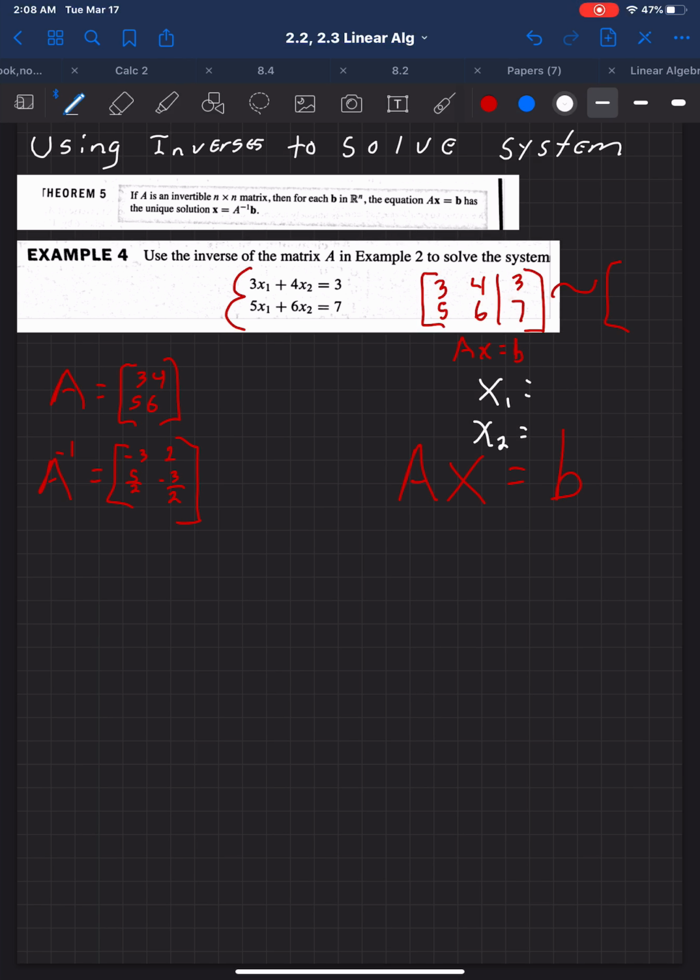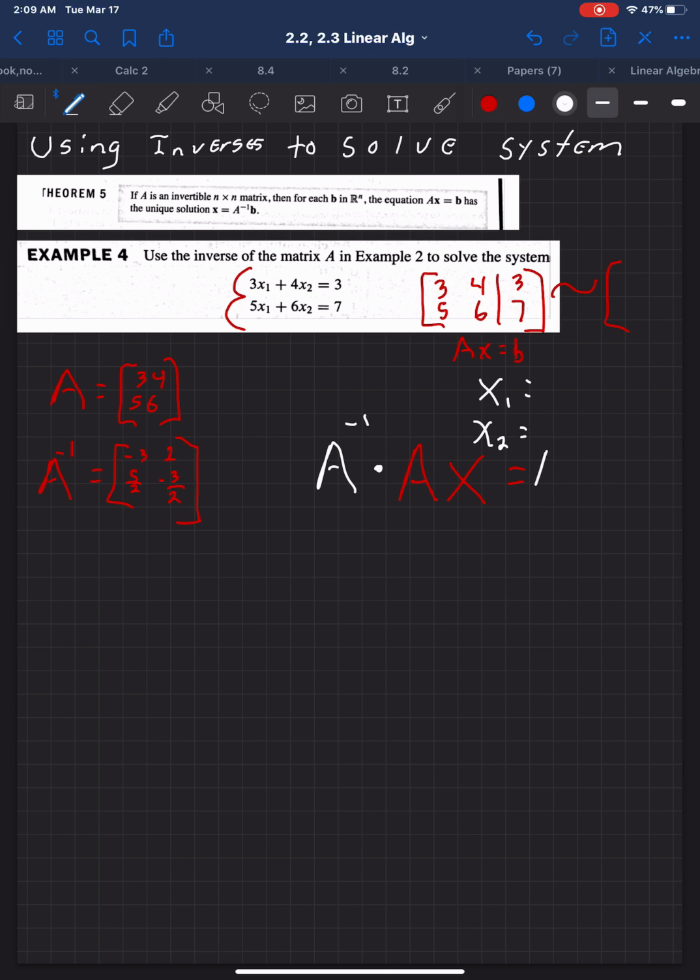We're not going to row reduce, although you could always double check this with the row reduction algorithm. Instead, what we're going to do is multiply both sides of this equation by the inverse of A. Let me rewrite that because you actually don't want to get too sloppy with that.